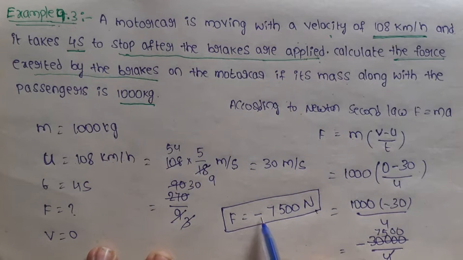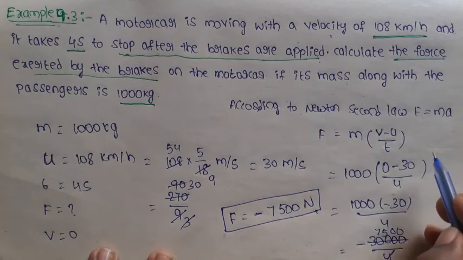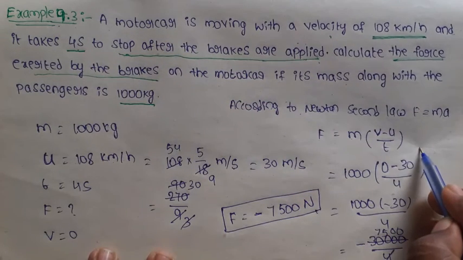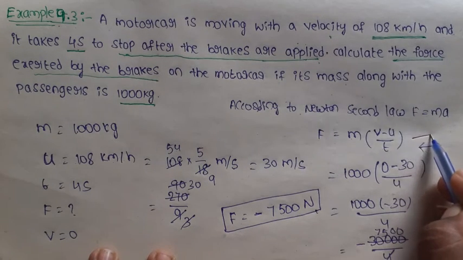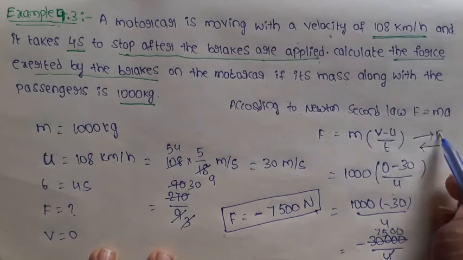So when you apply the brakes on this motor car, the force exerted is minus 7500 Newton. Why does the force value become negative? Because the negative sign indicates the force is acting on the motor car in the opposite direction. The motor car is moving in this direction. Through the brakes, the applied force is opposite to the motion.